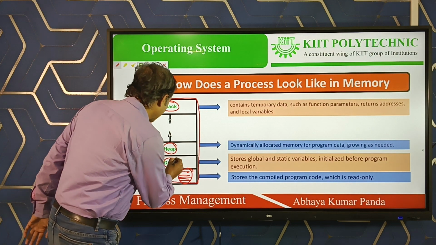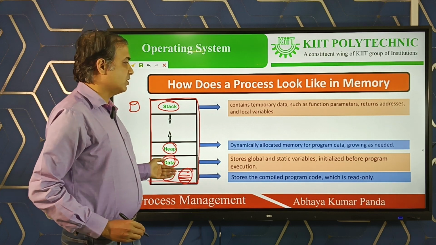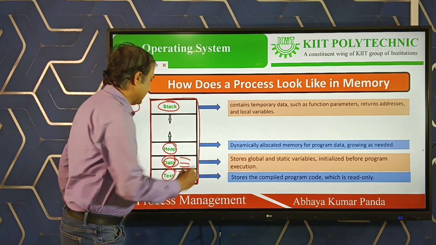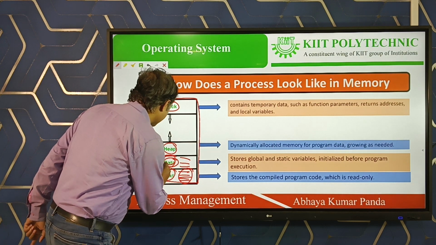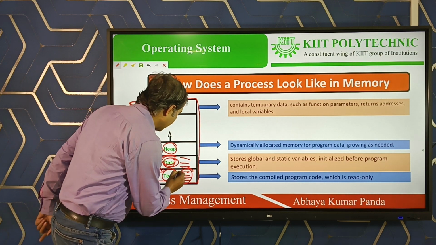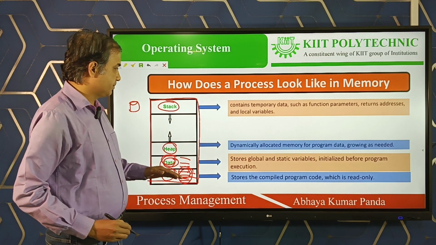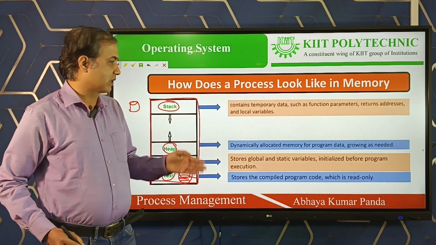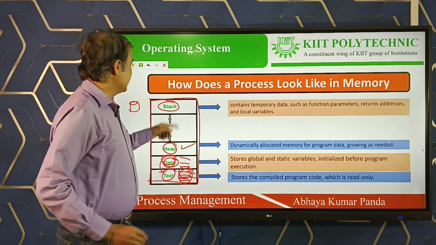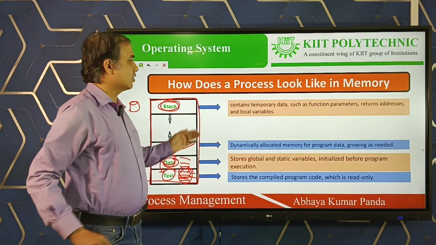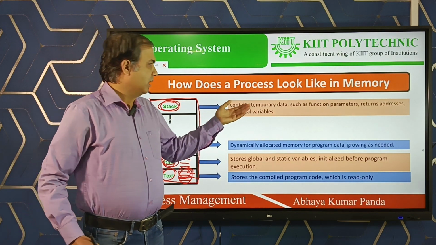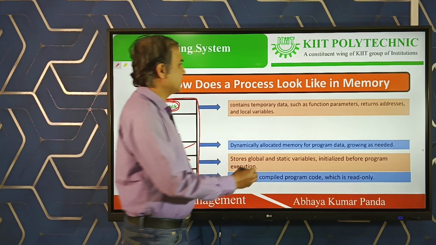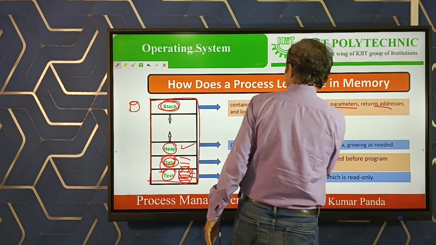In the data area, the global variables or static variables are present, which help these programs to run. In the heap area, the dynamically allocated memory of the program is stored, and the stack area contains temporary data such as, if you are using recursion, function parameters, return address and local variables.